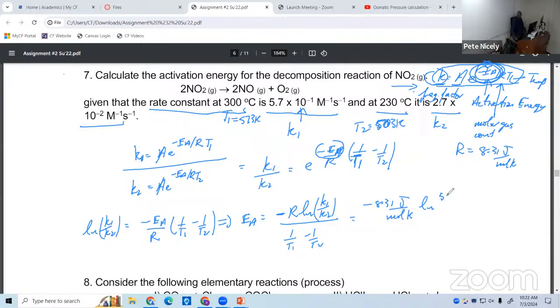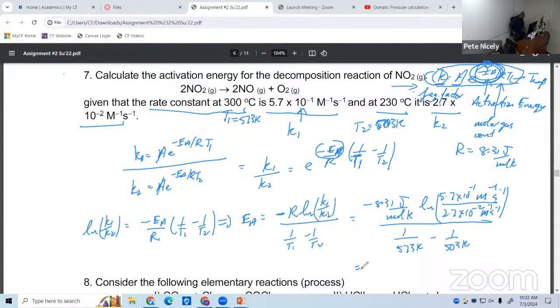K1 is 5.7 times 10 to the minus 1, m to the minus 1, s to the minus 1, all divided by K2, what's K2? 2.7 times 10 to the minus 2, m to the minus 1, s to the minus 1. And then I will divide that by 1 over T1. What's T1? T1 is 573 Kelvin minus 1 over T2, which is 503 Kelvin, right?